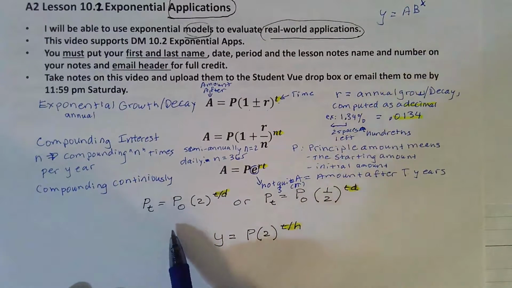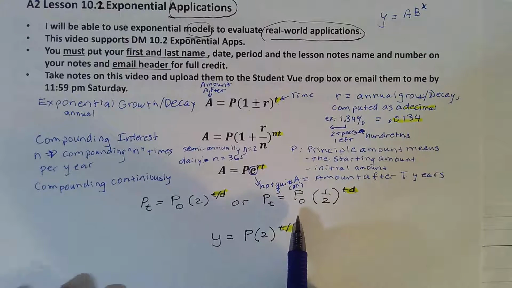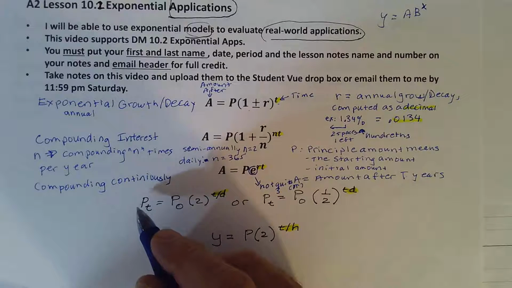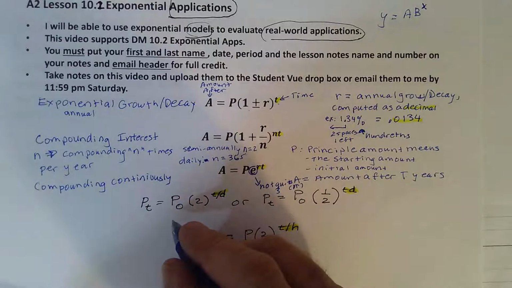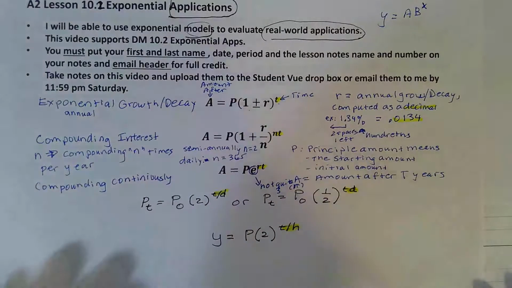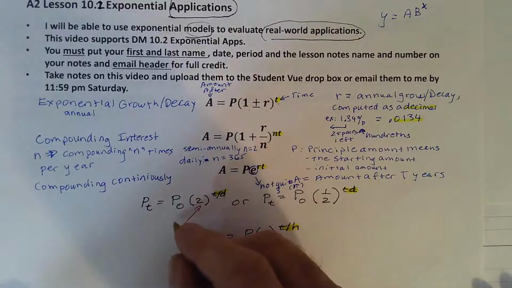And the last two formulas aren't used that commonly. This is called the doubling time formula, if you will, because over here that 2 means you're doubling time.